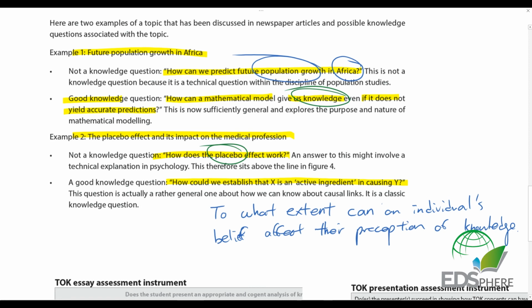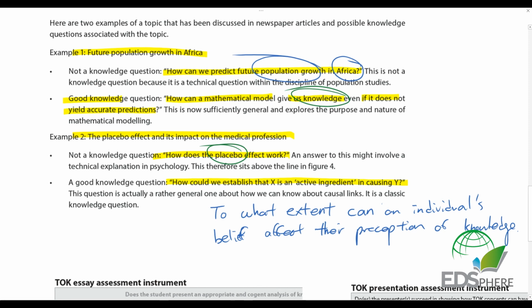An individual believing in his own work. Charles Darwin believed that evolution exists while everyone thought he was crazy. You could use that idea. There are many, many different ways you can answer a knowledge question. And if you can think of many different ways, you did great. This is a great knowledge question.